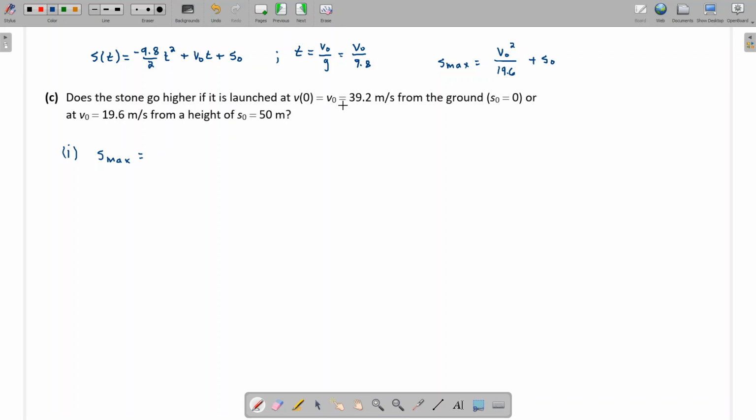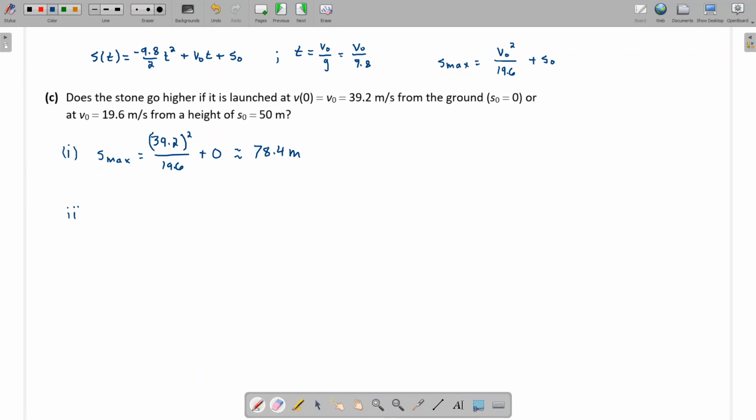So plug in for the first case, we've got 39.2 squared over 19.6 plus 0 in this case. The initial height from this first case was 0. That comes out approximately to 78.4 meters.